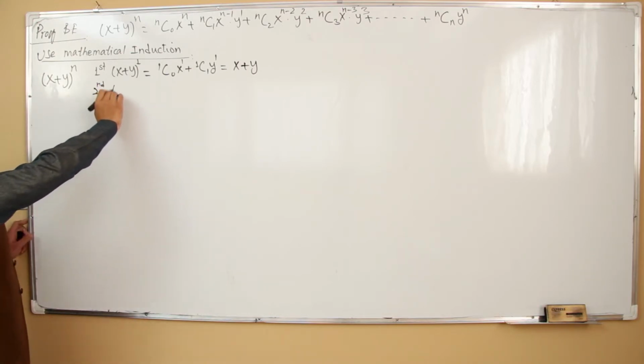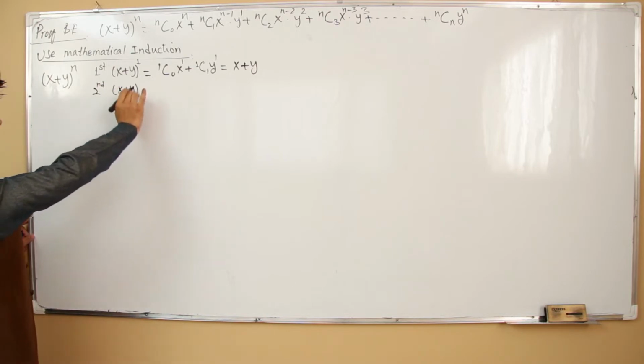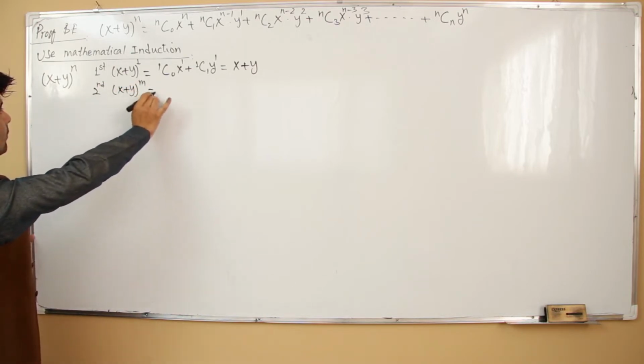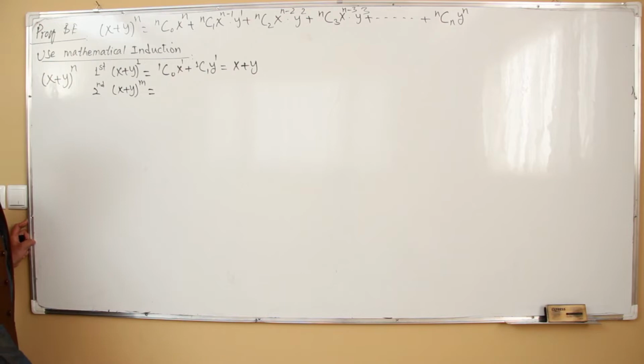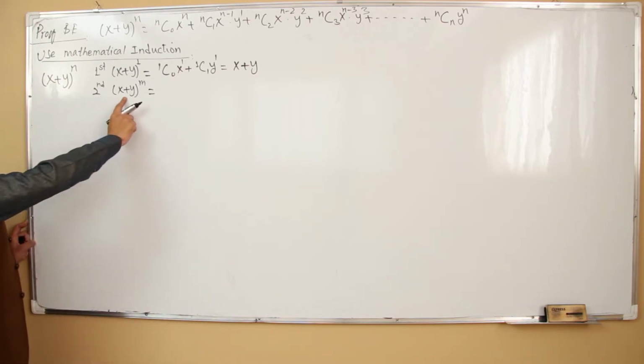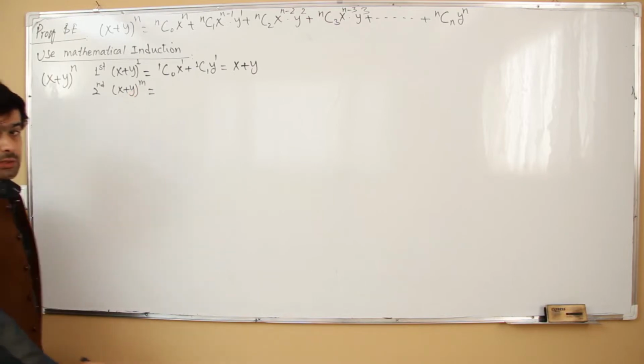Second, you have to define for m term. Now, what is the expansion of this binomial expansion for the m term?